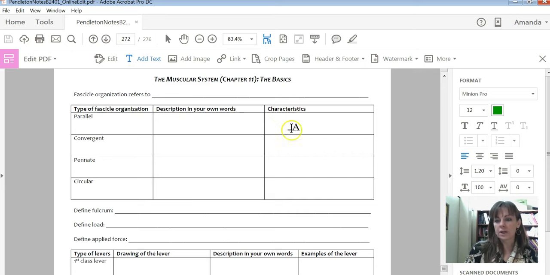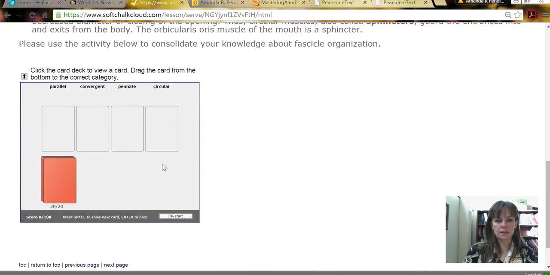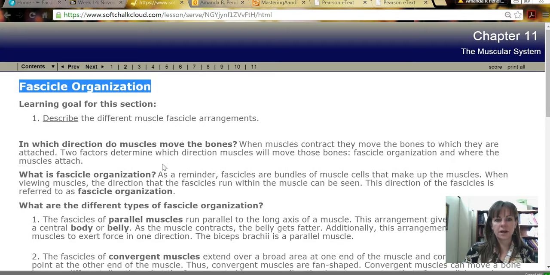And then here over in characteristics, you should be putting what is the type of contraction that this gives you. How does a convergent muscle contract? Remember, that gives you the versatility in movement, whereas parallel gives you a strong contraction in that one direction. So those are the sorts of things to put in characteristics. And so again, these are the different types of muscles and fascicle organizations.